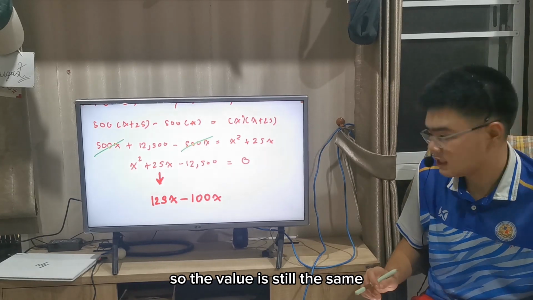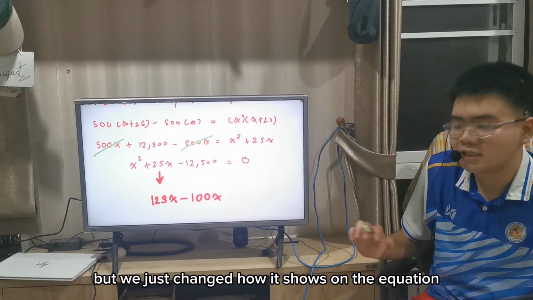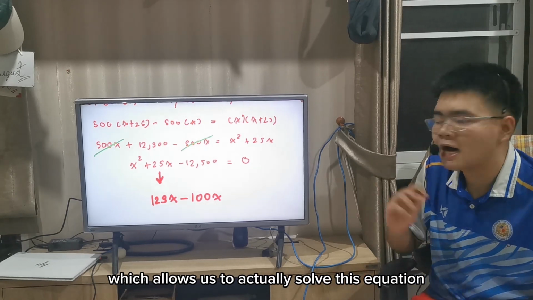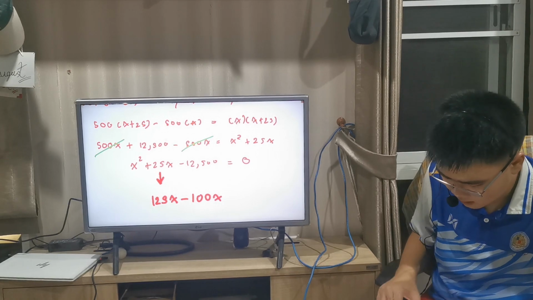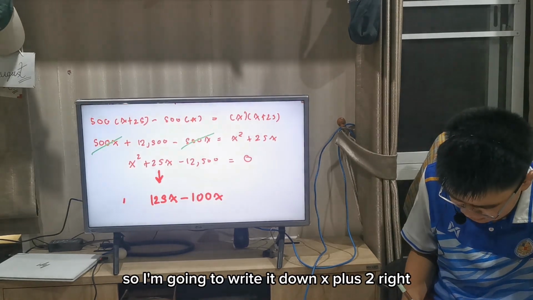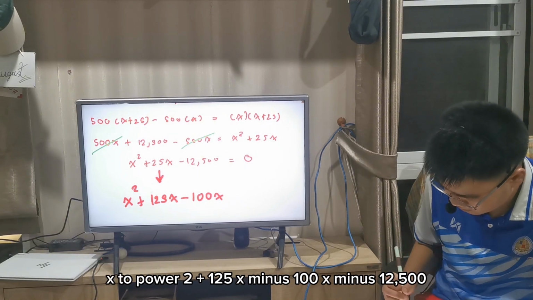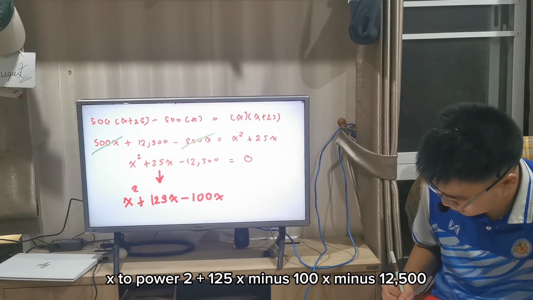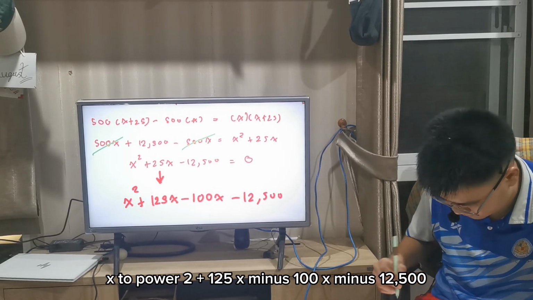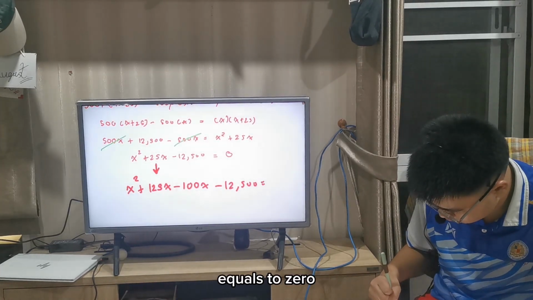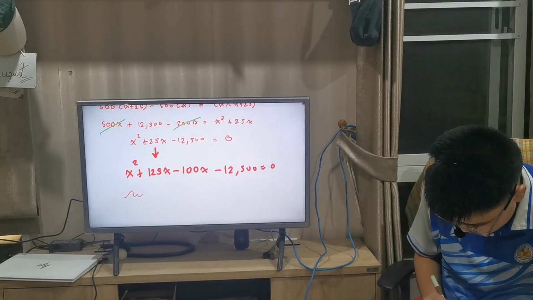So the value is still the same, but we just changed how it shows on the equation, which allows us to actually solve this equation. So I'm going to write it down: x to the power of 2 plus 125x minus 100x minus 12,500 equals 0. There.